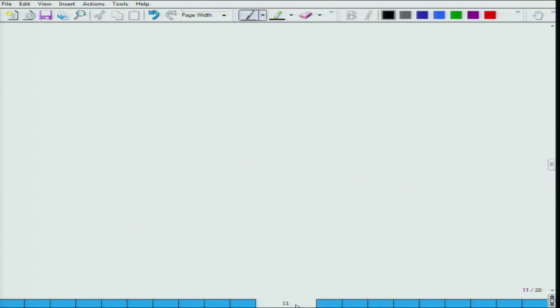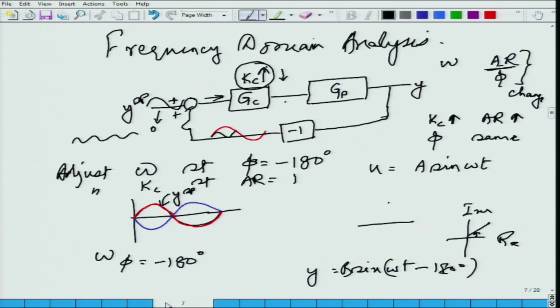And then what we are saying is, if you look at the open loop system, please remember what we did here. When we were looking at the amplitude ratio and the phase shift, the loop was not closed.